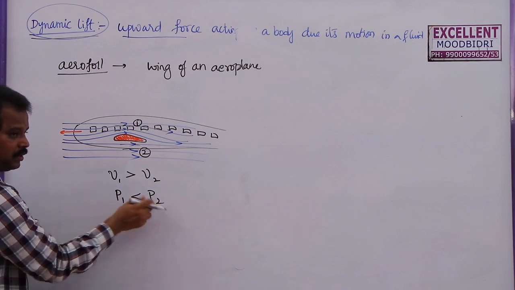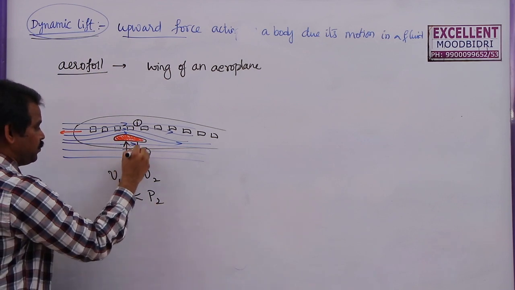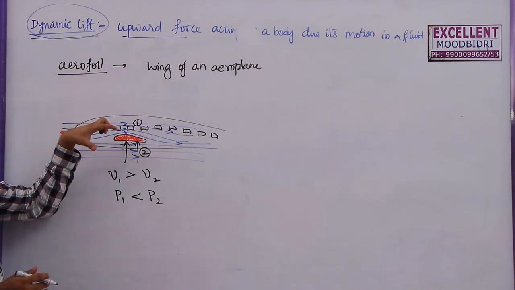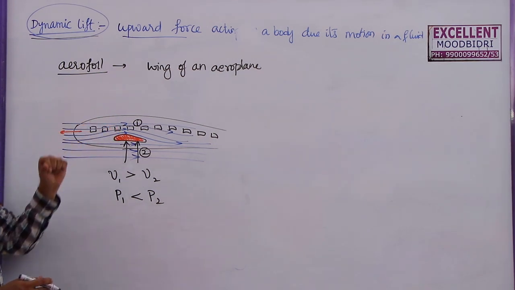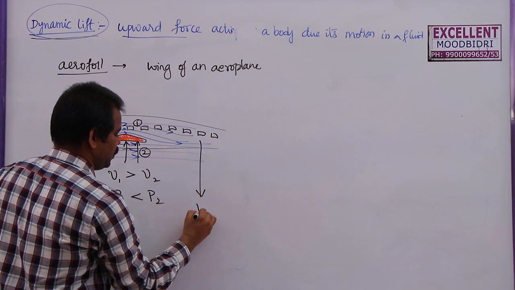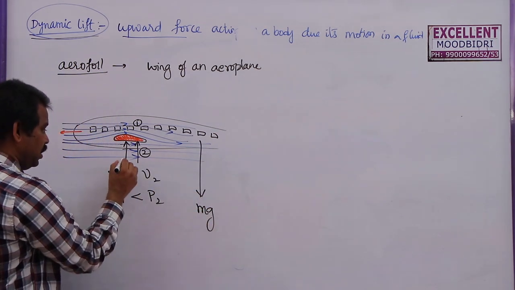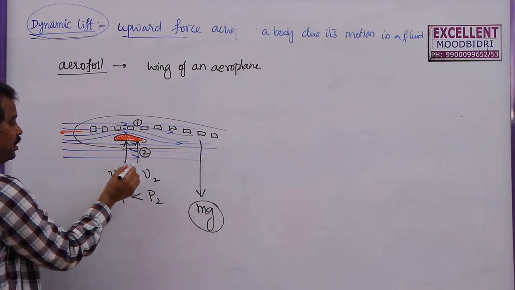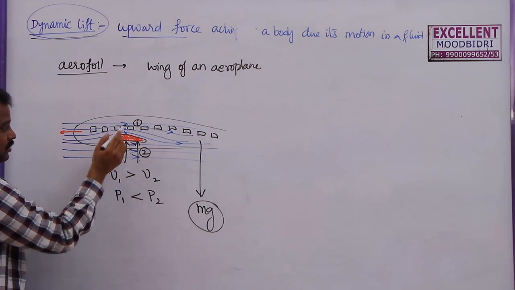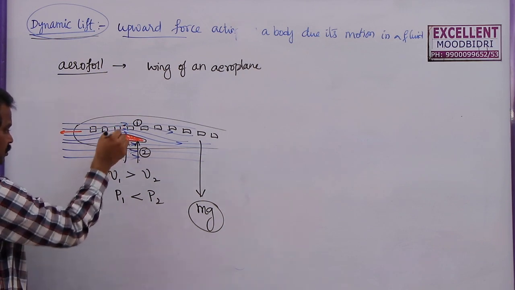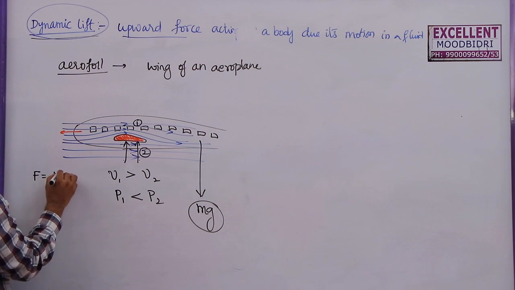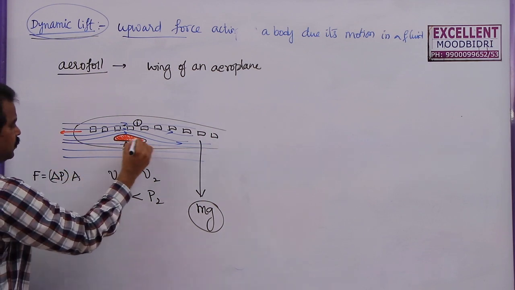Due to this pressure difference, one dynamic force will act on the aeroplane which keeps the weight of the aeroplane in equilibrium. That means the total weight of the aeroplane mg is acting downwards, and this is equal and opposite to the dynamic lift produced by the pressure difference of the streamlines above and below the wing. So this is given by force is equal to the pressure difference into the area of this wing.